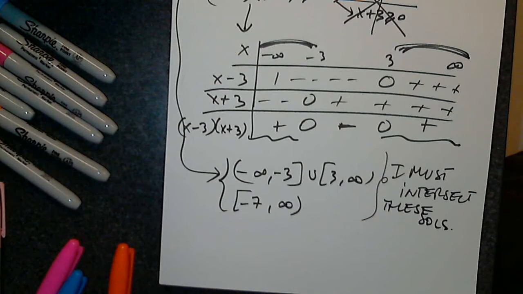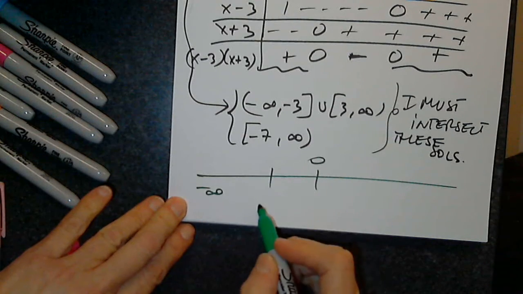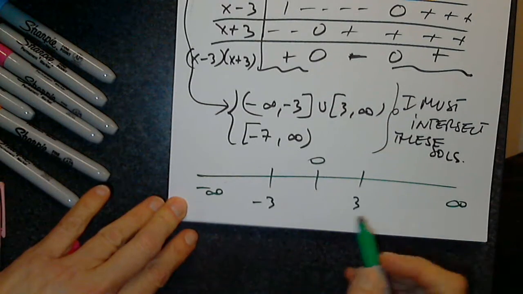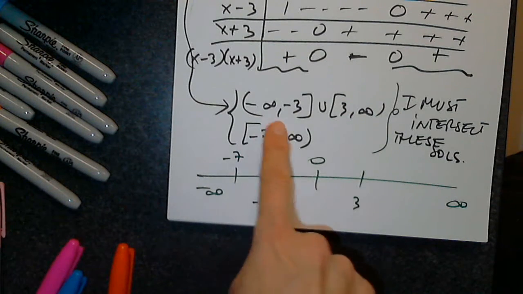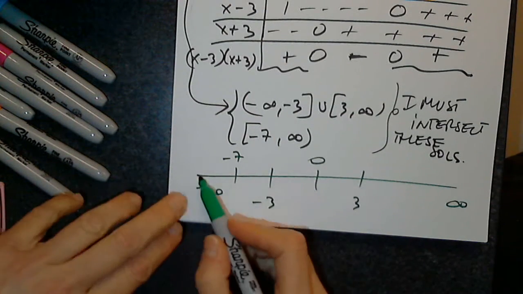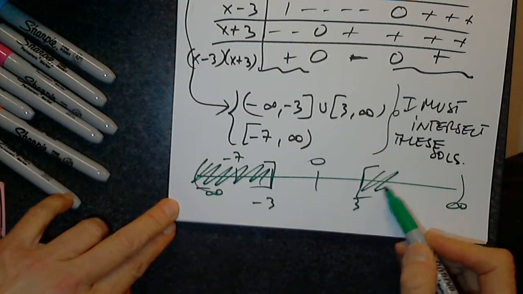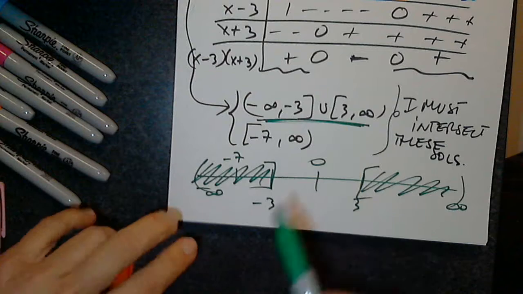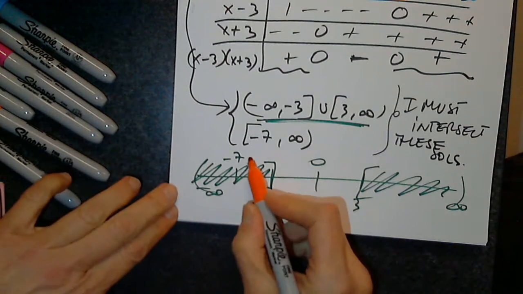Is that clear? So here's what I intersect. I'll have this in green. This is the green territory. And this is the orange territory.